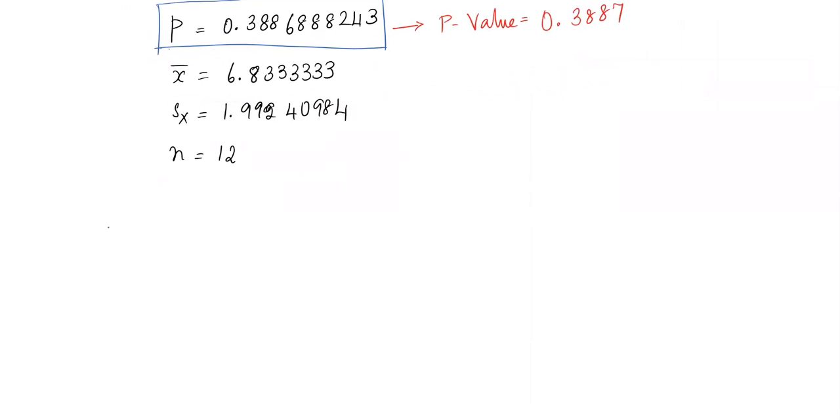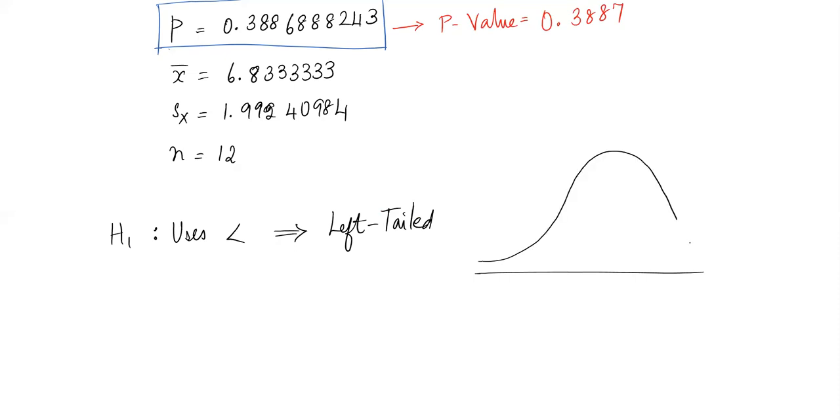H1 uses less than, which implies it must be left-tailed. If you're drawing your graph, you are shading the left region. So this is for the p-value method.